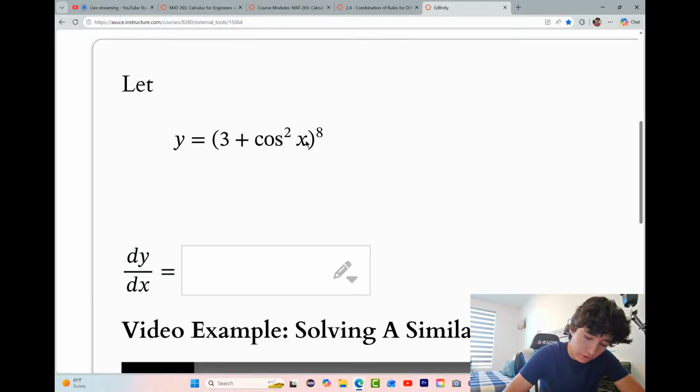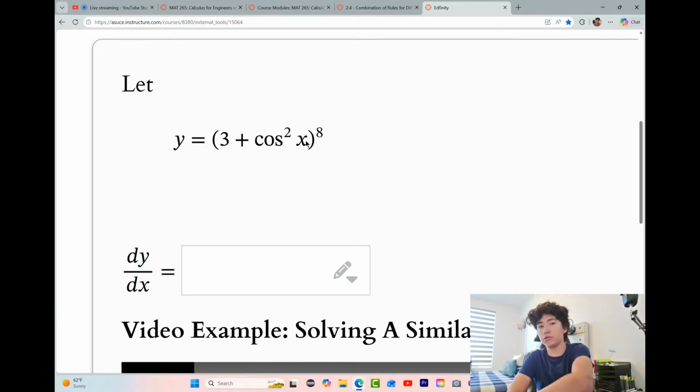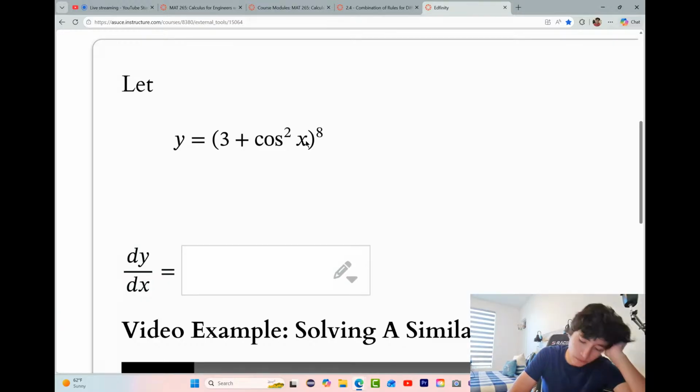So, all right, let's say that a equals cosine squared of x. So therefore, a prime is going to be, what? Hold on, I need more. Let's see. So the inner function is cosine of x.